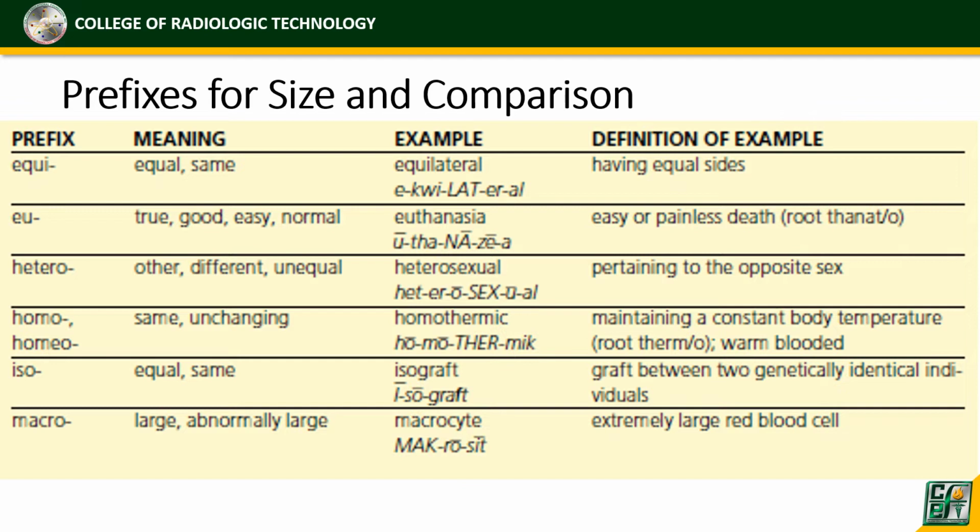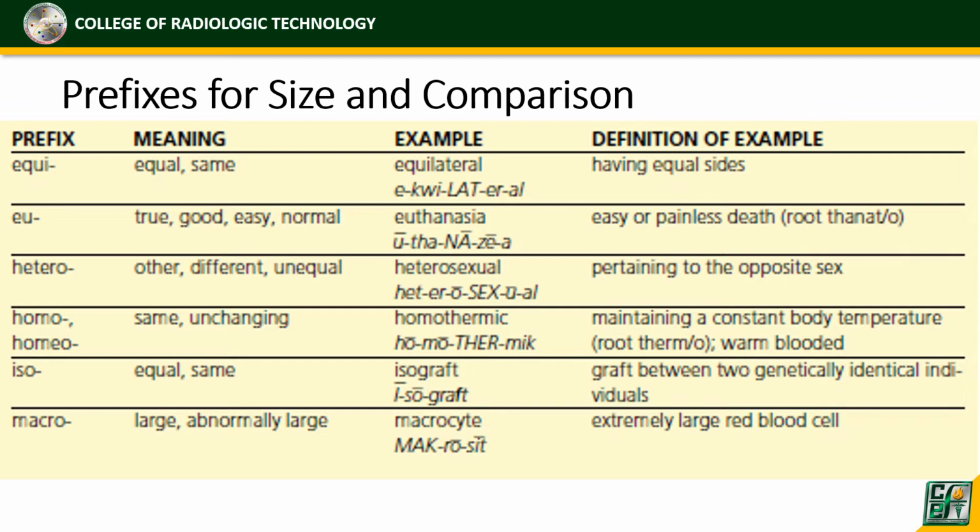Next, homo or homeo means same, unchanging. Homeothermic means maintaining a constant body temperature.